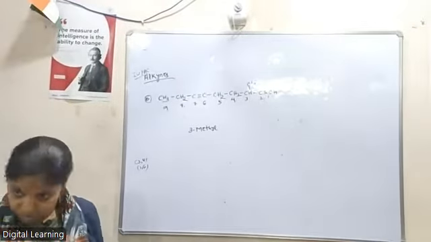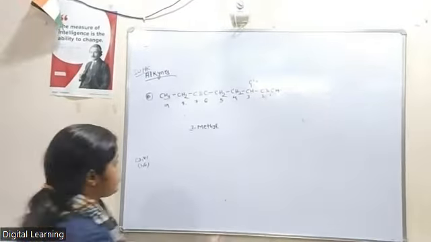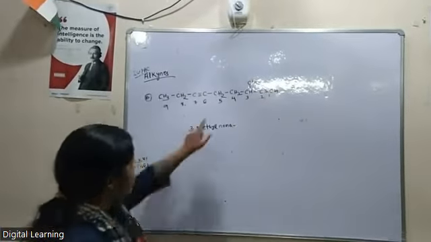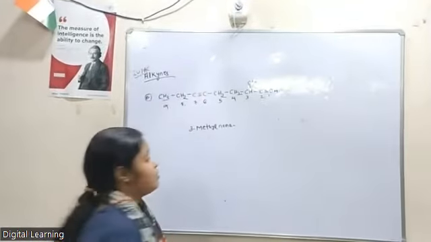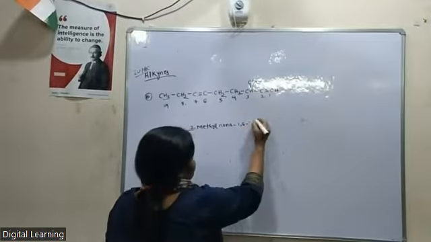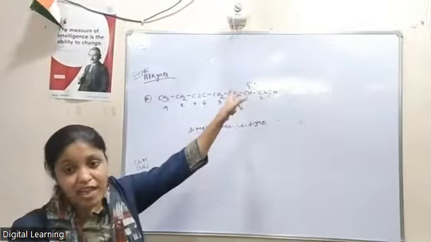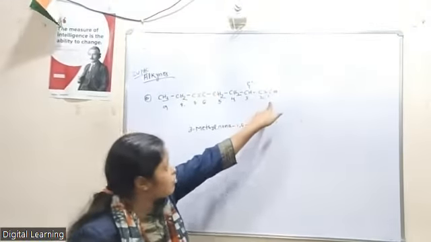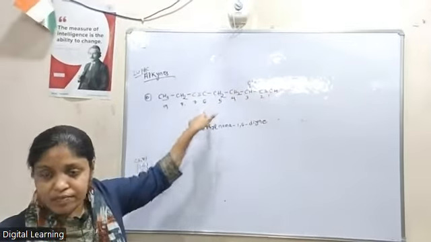That is also a rule. So nona, then 1,6-diyne, because there are two triple bonds and their positions are 1 and 6. Clear?